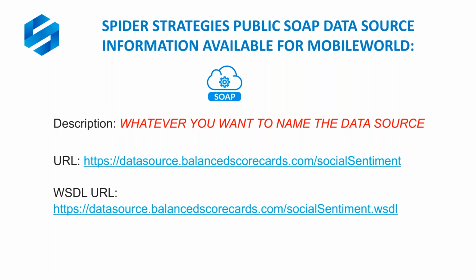Today, what I will be employing is publicly accessible to all customers and partners, to use if you want to play around with it and use it within your mobile world environment. And this URL and WSDL URL are free and available to you for your use in the future if you'd like to work with it and play with it. And that's the information that I will be employing today.